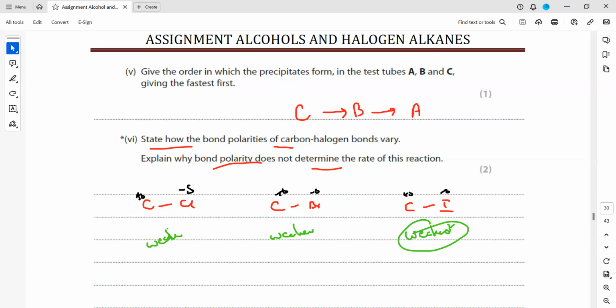So the rate of a reaction does not depend on the bond polarities, it depends on the bond strength. And because the carbon iodine bond is weaker, it will break down easily. In test tube C, the reaction will occur much faster compared to test tube B, and test tube B will be faster than test tube A. Is it clear?